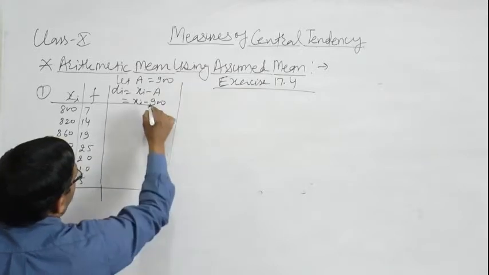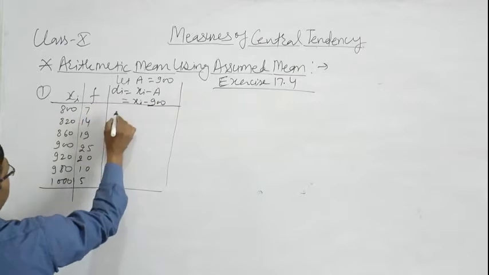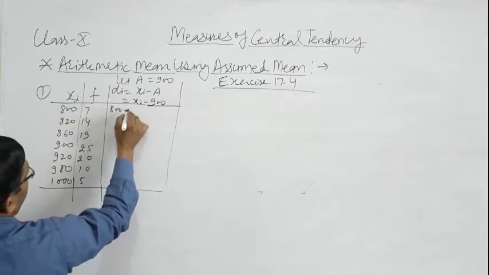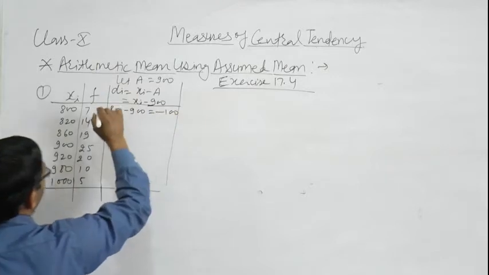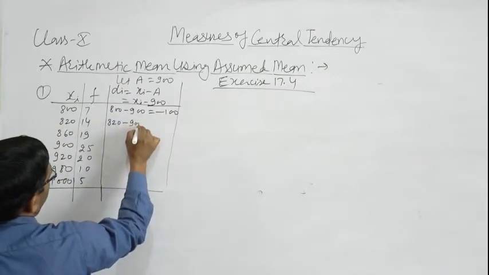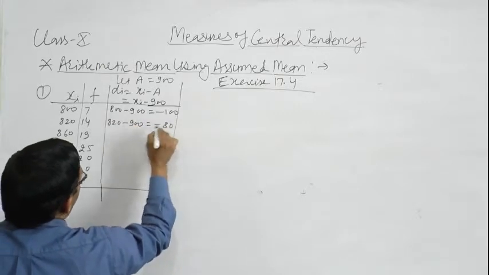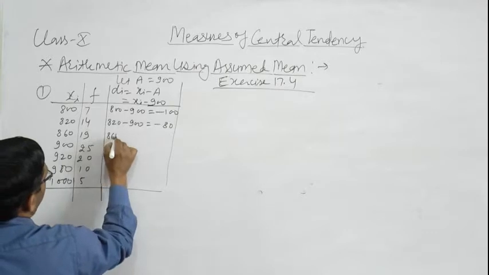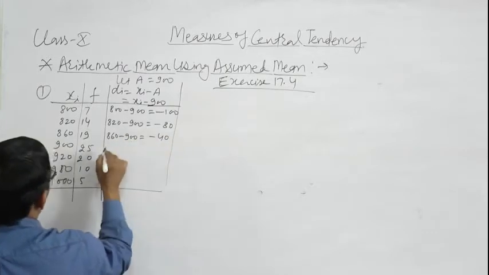Xi, it means 800. 800 minus 900 is equal to minus 100. Then 820 minus 900 is equal to minus 80. Then 860 minus 900 is equal to minus 40.